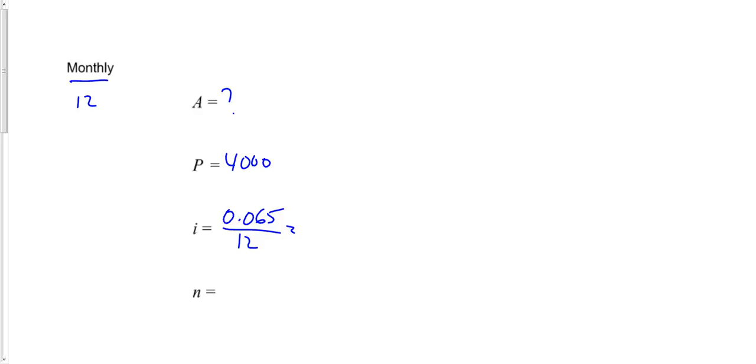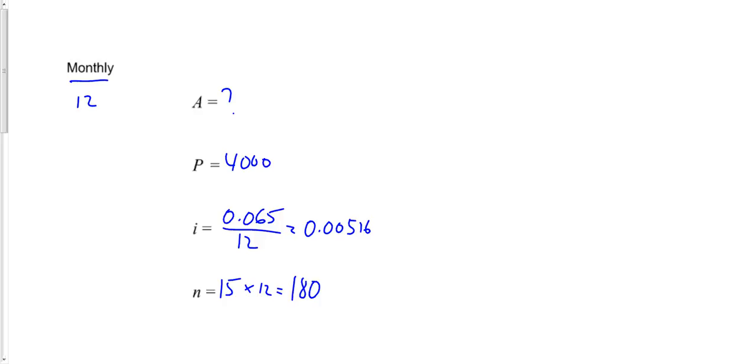So 0.065 divided by 12 gives me an i value of 0.00516. And then my n value is going to be 15 times 12, so 180 compounding periods.